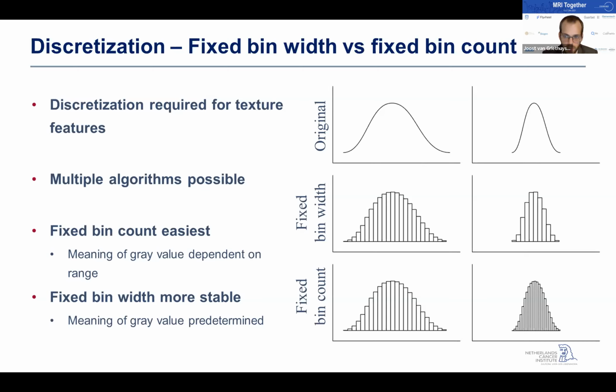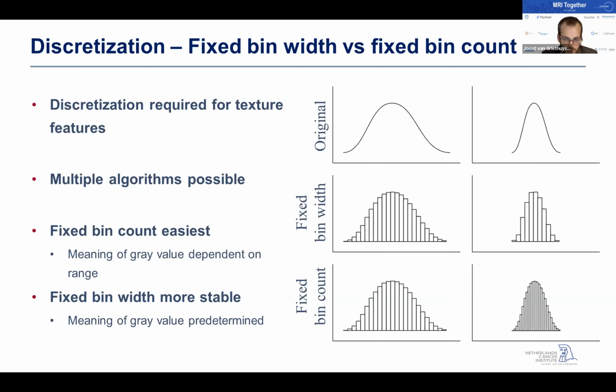What you actually do is you bin gray values together in a histogram and then take the histogram bin numbers as the discretized gray values. Generally, there are multiple ways of doing this. The two most popular ones are either to use a fixed bin width. So for example, you take a fixed number of gray values and bin them together: the gray values 0 to 100 get assigned to bin 1, 101 to 200 to bin 2, and so forth.